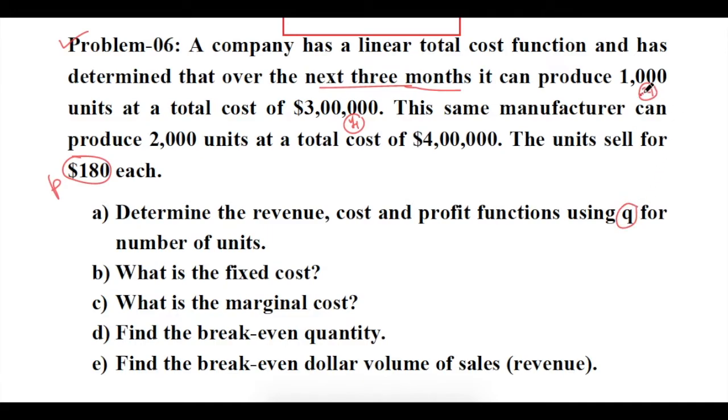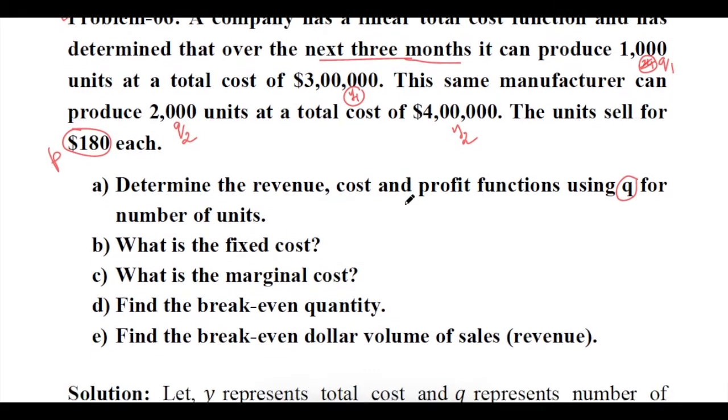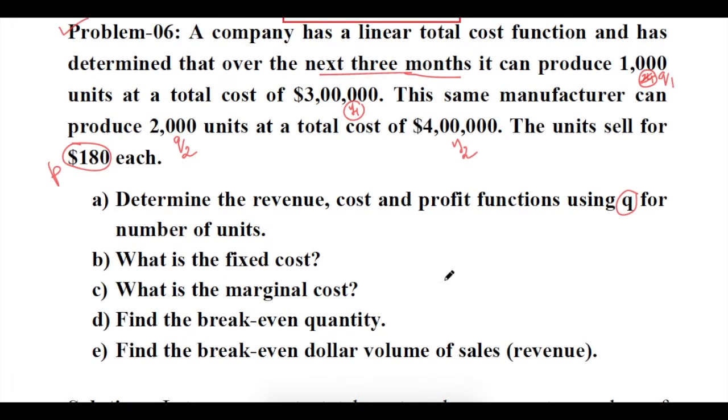So instead of x1, it's better to write q1 for this one, and this second occasion it should be q2 and it should be y2. So now we can calculate our cost function by using this formula.